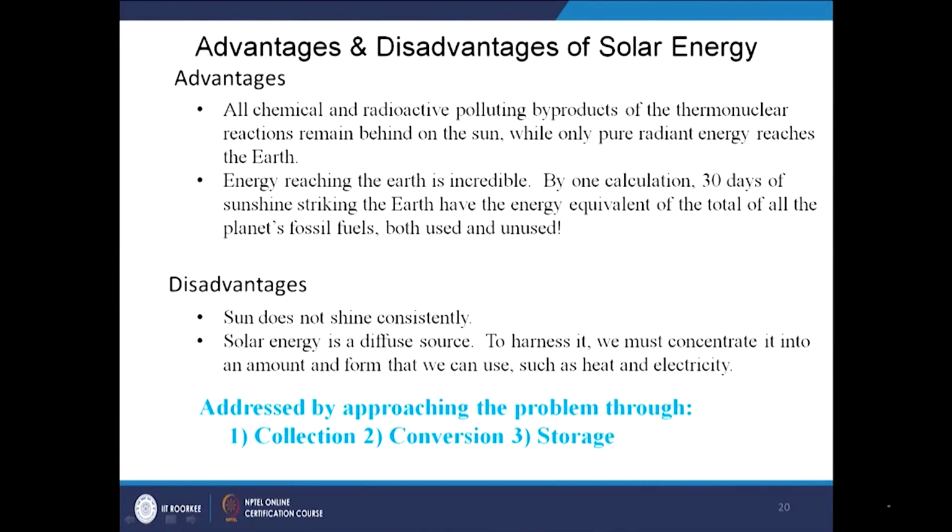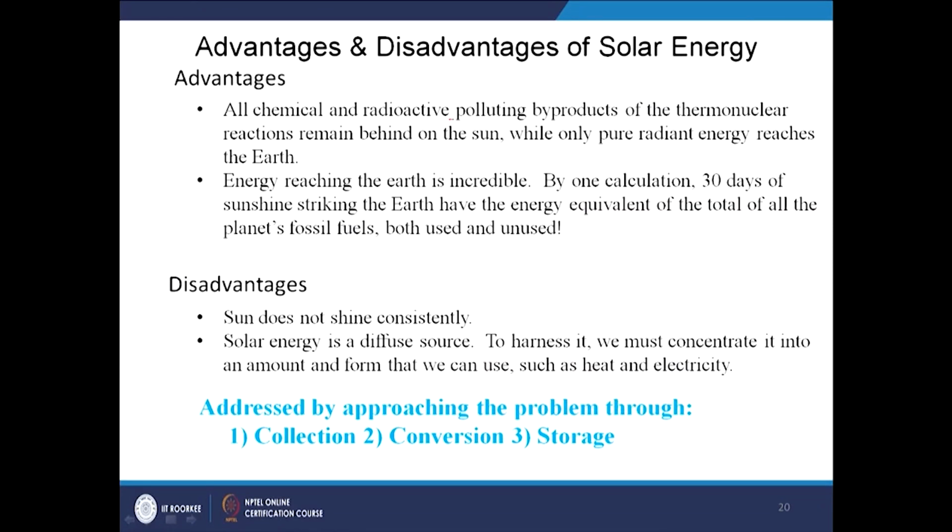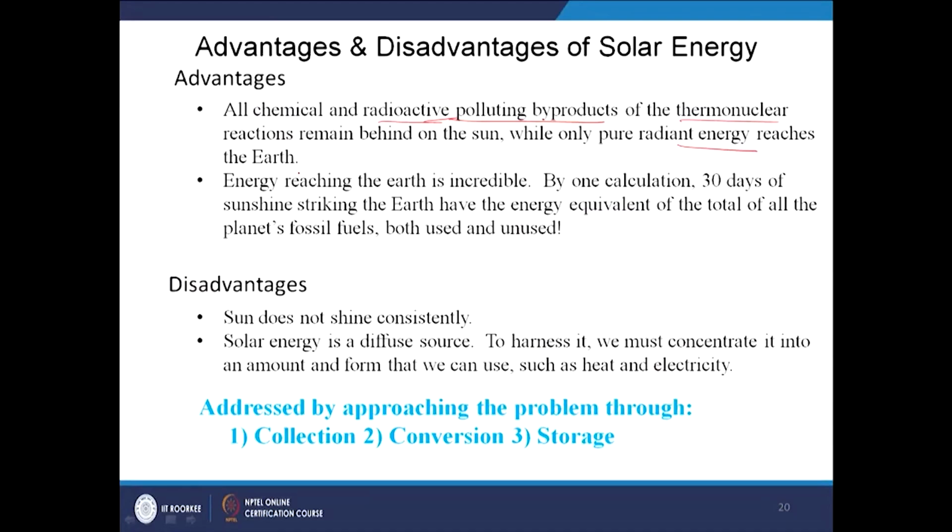Now, the advantages and disadvantages of solar energy. Whatever reaction takes place for the production of this energy takes place in the sun, so the earth is not getting any pollutants from this. All polluting byproducts from chemical, radioactive and thermonuclear sources stay inside the sun, and only a pure form of energy reaches the earth.